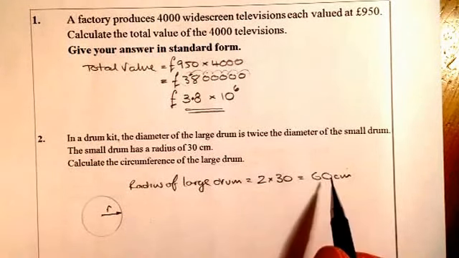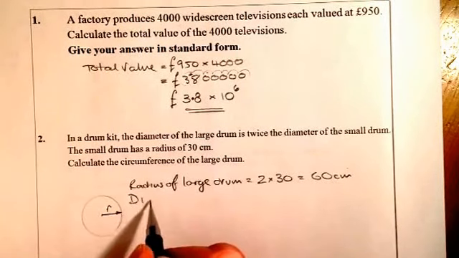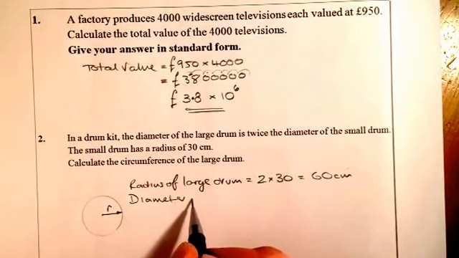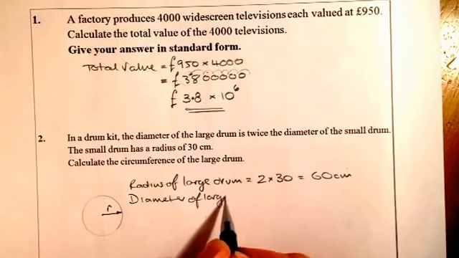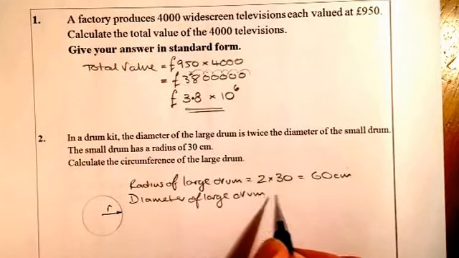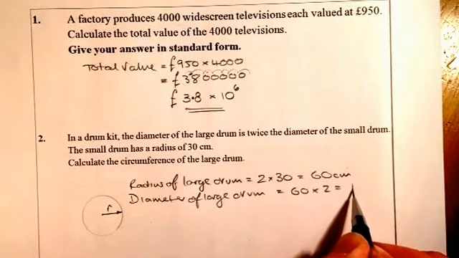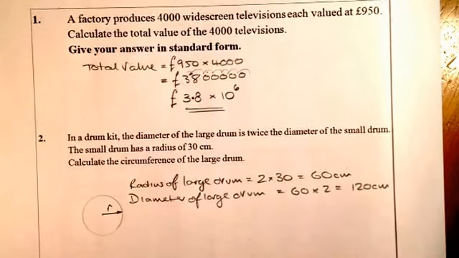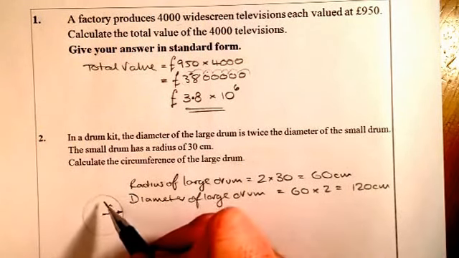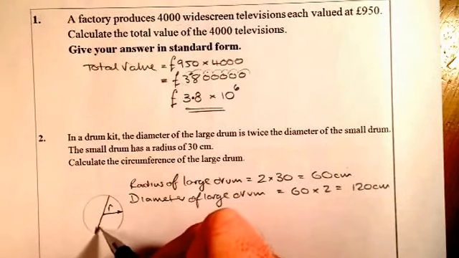And remember, if that's the radius of the large drum, the diameter of the large drum is going to be equal to double that size as well. Okay? Because as I say, the radius is across to there, the diameter would be all the way across the circle, going right through the centre.